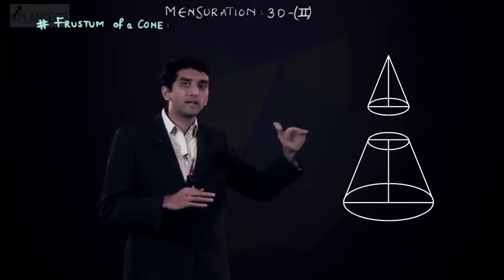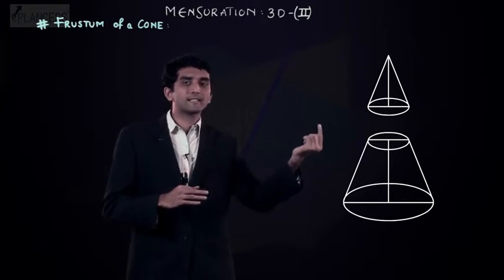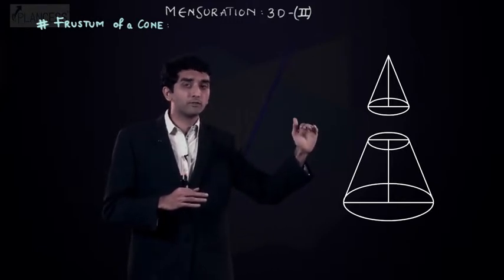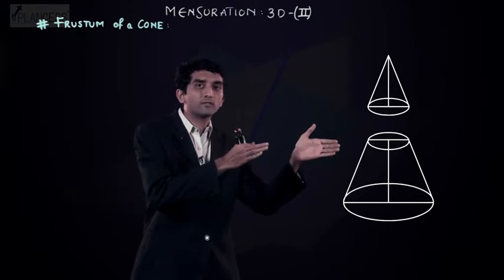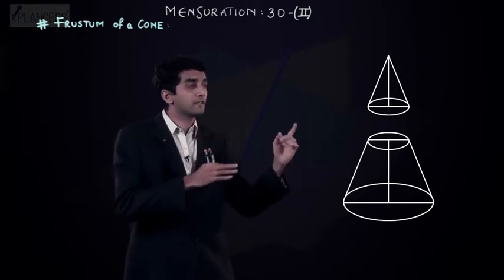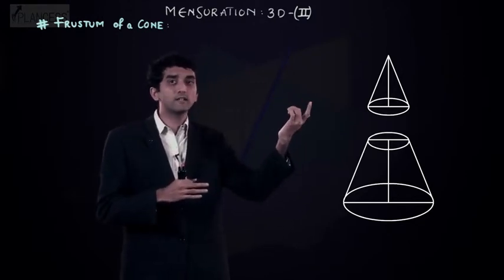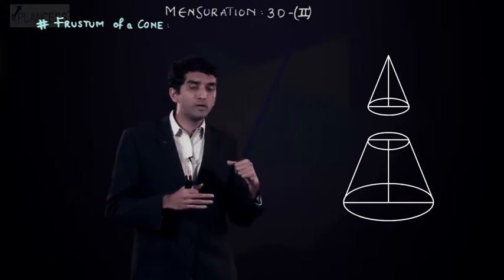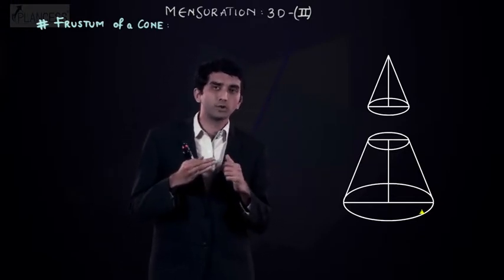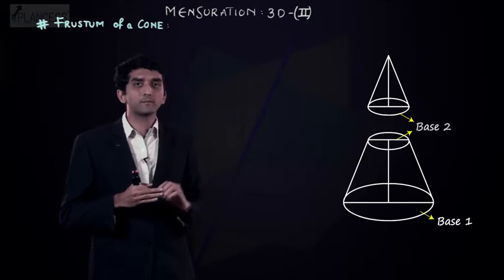Because if you notice, when I cut it, the base that is created for the upper part of the frustum, the smaller base of the frustum, is nothing but the base of the circle of the smaller cone as well. So let us call that base 2. So this is base 1, this is base 2.